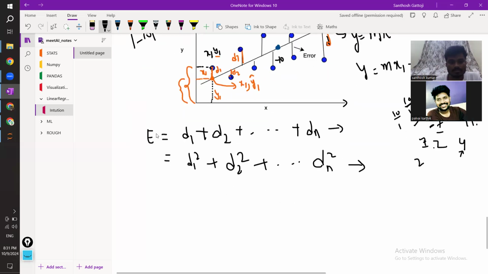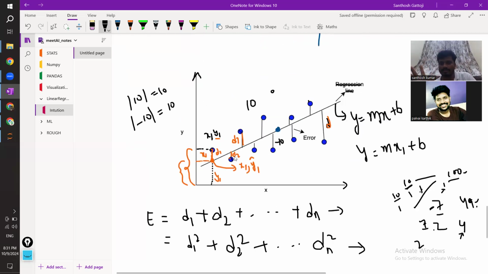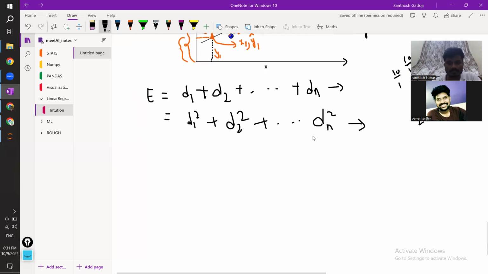So let's come back. Now we understood that. We have the data points, we found some line, and from that we have these distances d1, d2, d3, dn. After that we are squaring them. Why we are squaring, we also understood.